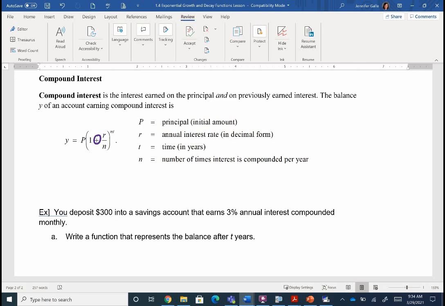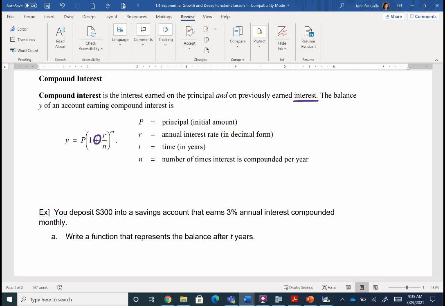Compound interest means you get to earn interest not only on your principal, which is what you invest, but you also get to earn it on your interest as well. If you have simple interest, you only get to earn interest on whatever you invest. Compounded interest lets you earn interest on what you invest and any interest you earn.